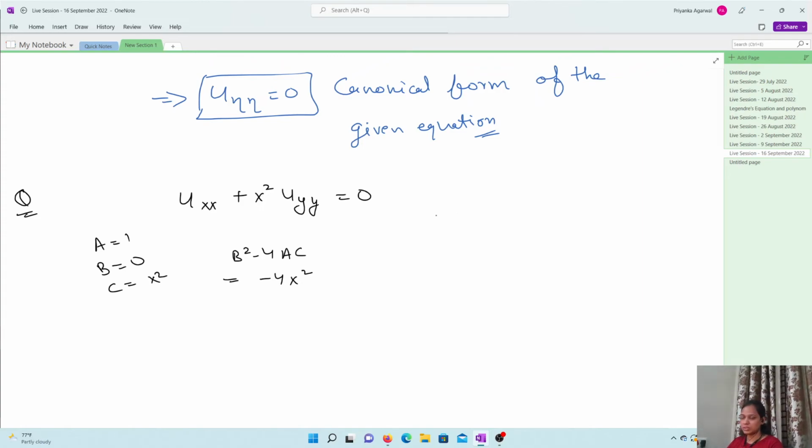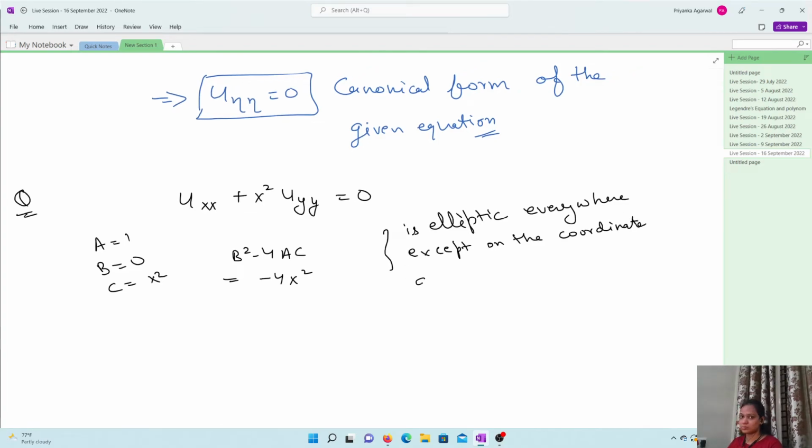Okay, so it is given that this is elliptic everywhere except on the coordinate axis x equals 0.